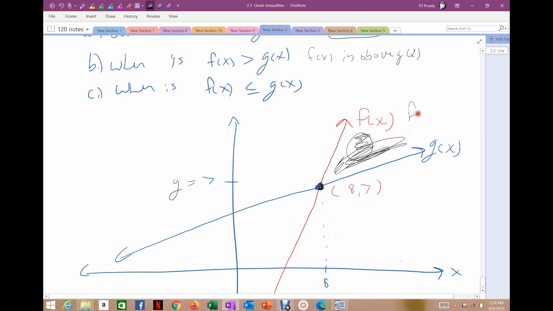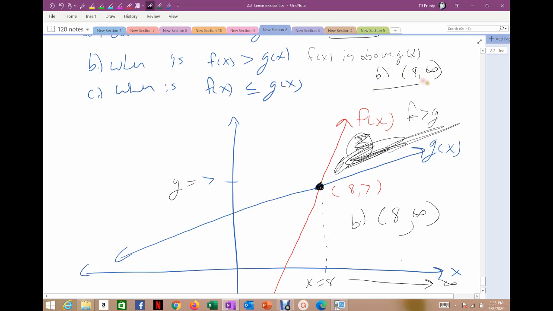F is greater than g, starting at this moment, when x equals 8, and then continuing on indefinitely. It's shooting off forever, so from 8 to forever, f of x is the bigger function. And so the answer to B is from 8 to infinity, not including 8 because it's not equal to, so it's parentheses, not including 8.